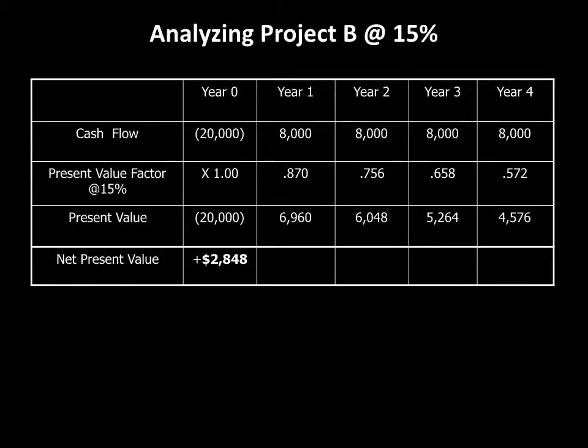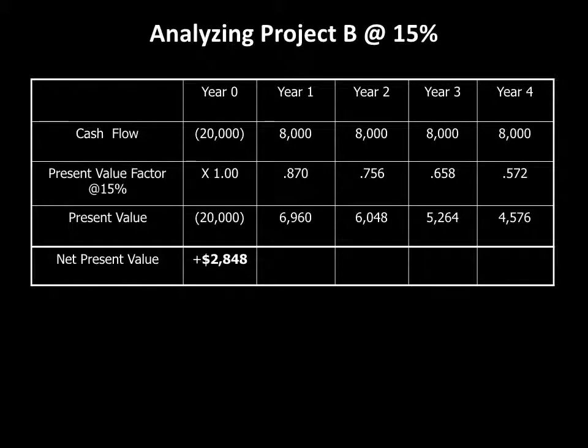For instance, if we looked at Project B, this is laying out its cash flows. We spend $20,000 at the beginning, get $8,000 back at year 1, year 2, 3, and 4. Now, of course, the issue is somehow we've got to figure out, as we said with the time value of money, a dollar that's received in year 4 isn't worth the same as a dollar that we receive at year 0 or today.